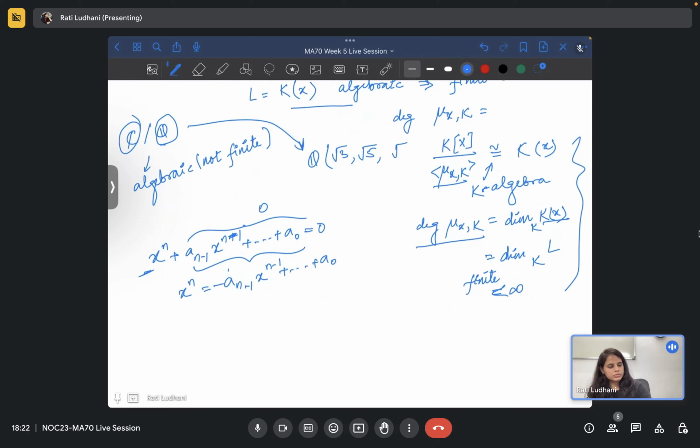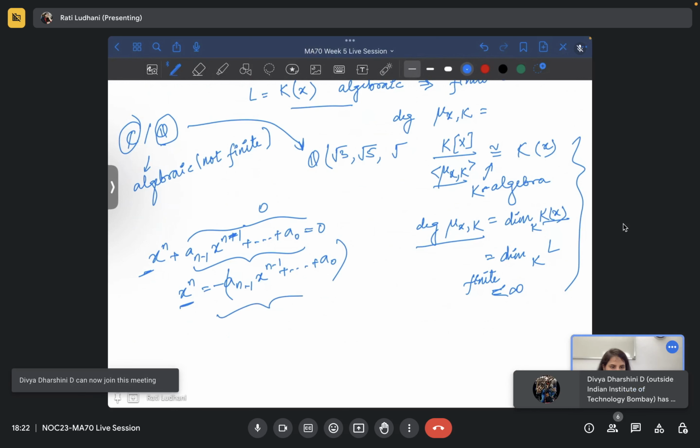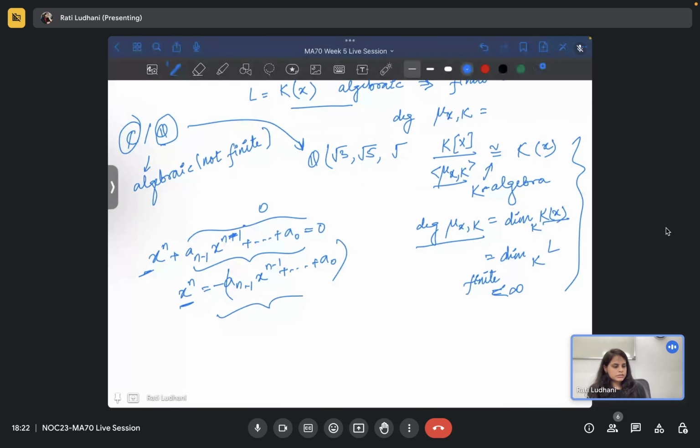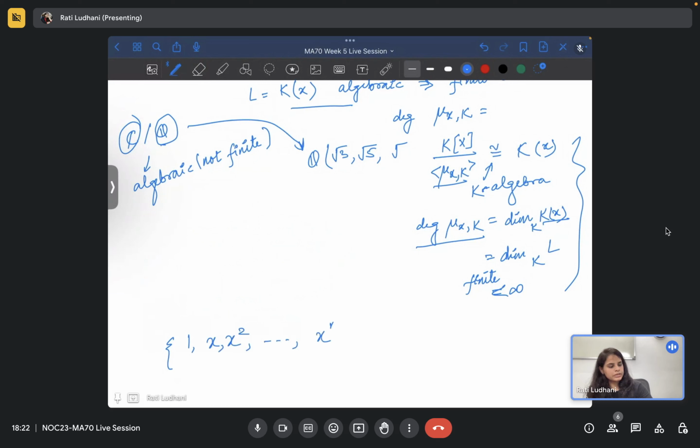So you will have something like that. And now x raised to power n will be equal to this. But at least the other way is to say that if you take 1, x, x square up to x raised to power n minus 1, then you know that this mu_{x,K} has degree n.